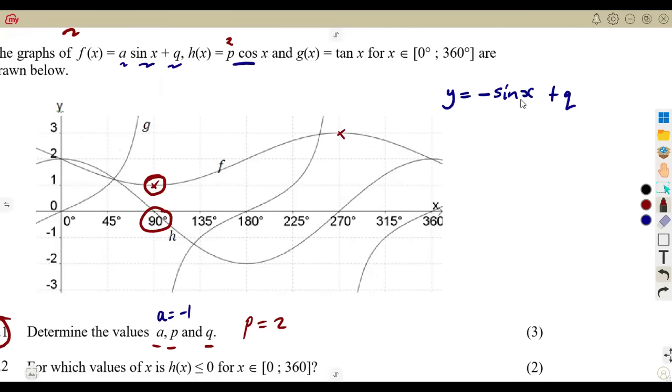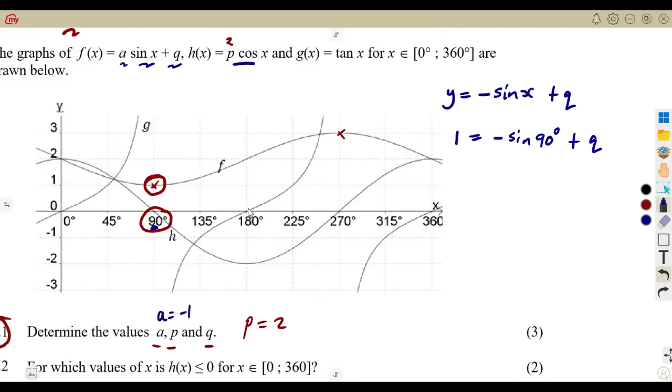If X is 90, Y is 1. So it will be minus sine of 90 degrees plus Q.